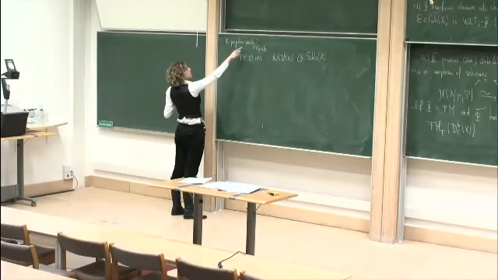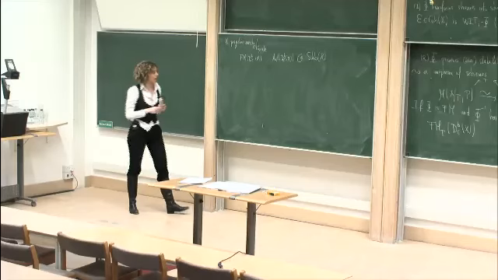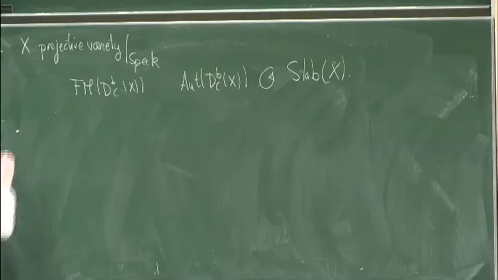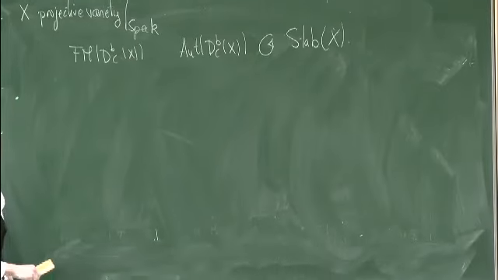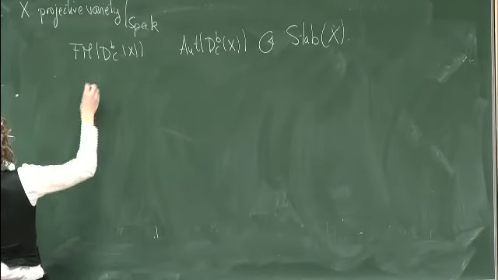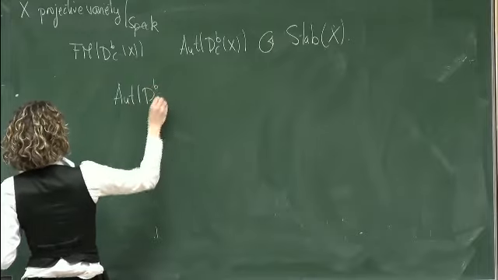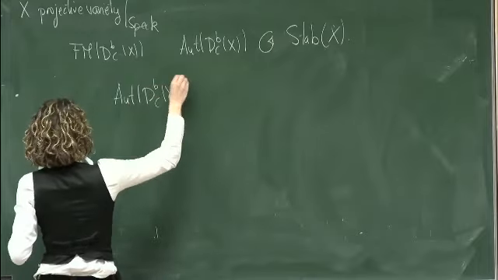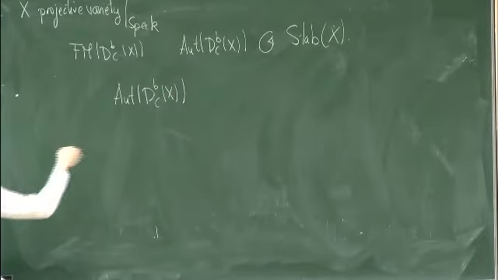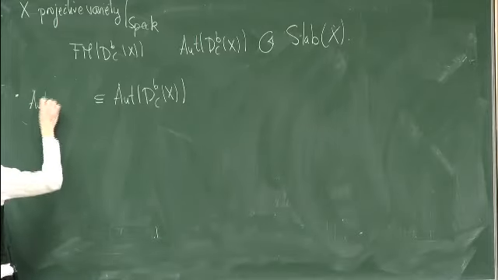So in the case that you have a variety over a field, some things are known about these groups. So for instance, this group, the group of autoequivalences of the derived category, always contains the trivial ones, no? That I denote like this.